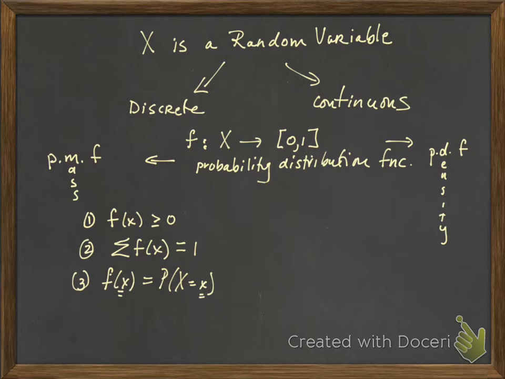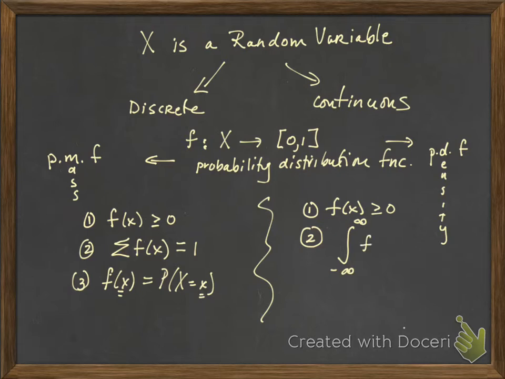In the continuous case, we have that the probability density function is greater than or equal to 0 for all x in a random variable. Remember, in the continuous case, we integrate. In the discrete case, we sum. If we integrate our probability density function over the reals, we will get 1.